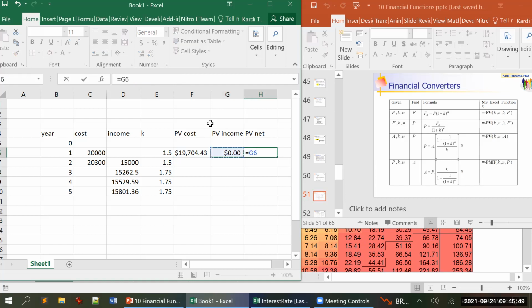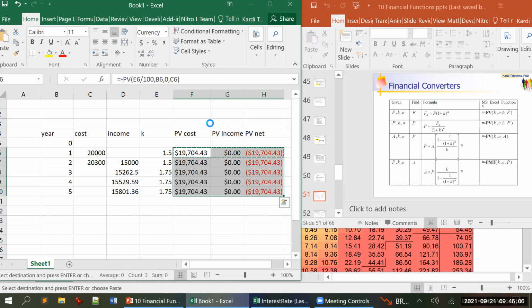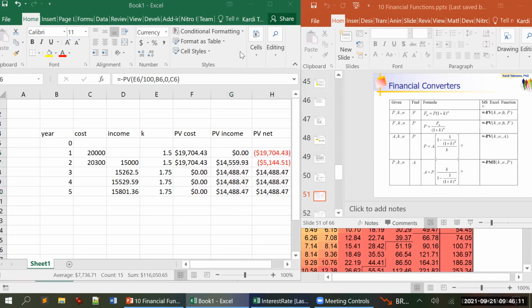PV net is income minus the cost. So B will not change, C will not change. Okay, then I can copy down. Can you see it? Is this correct or not?